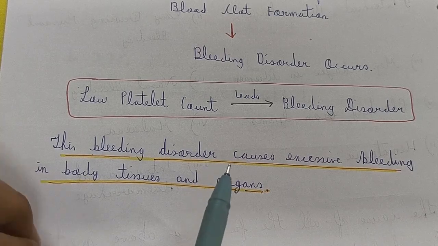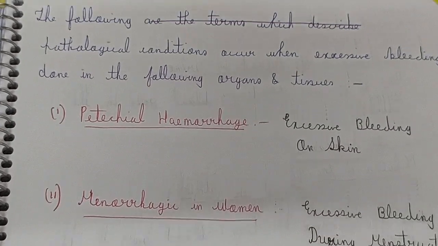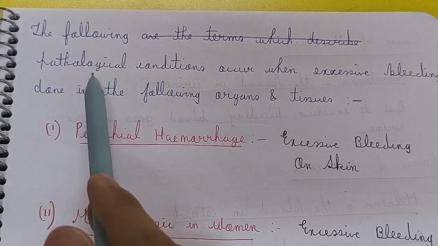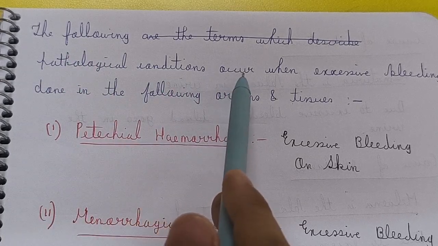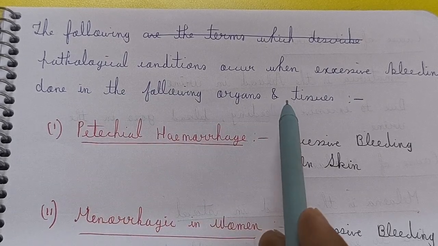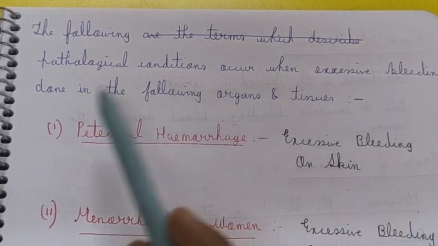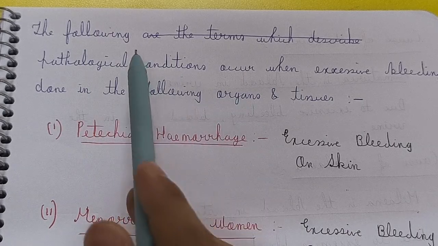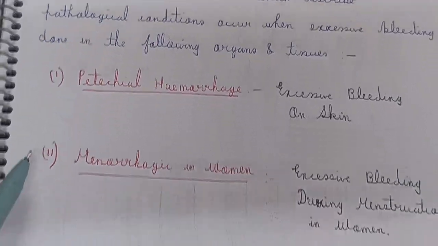So in this way bleeding disorder occurs, and also you should know that when excessive bleeding occurs in the following organs and tissues, the following pathological conditions occur.